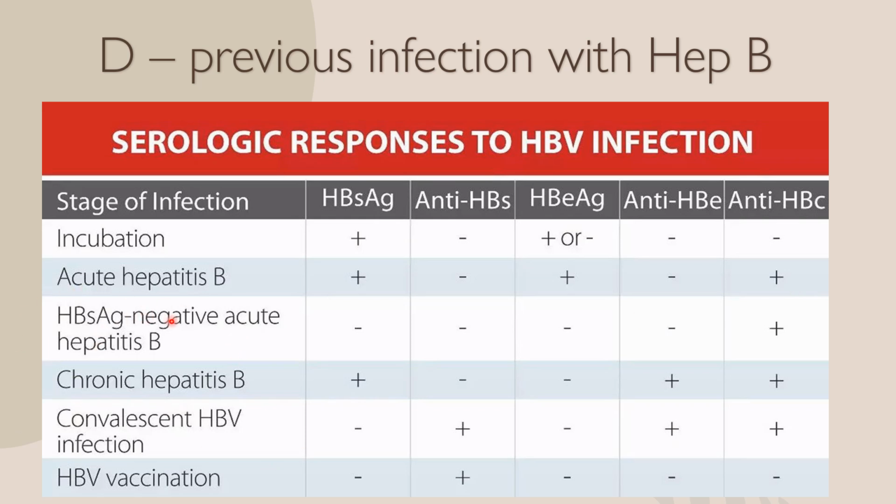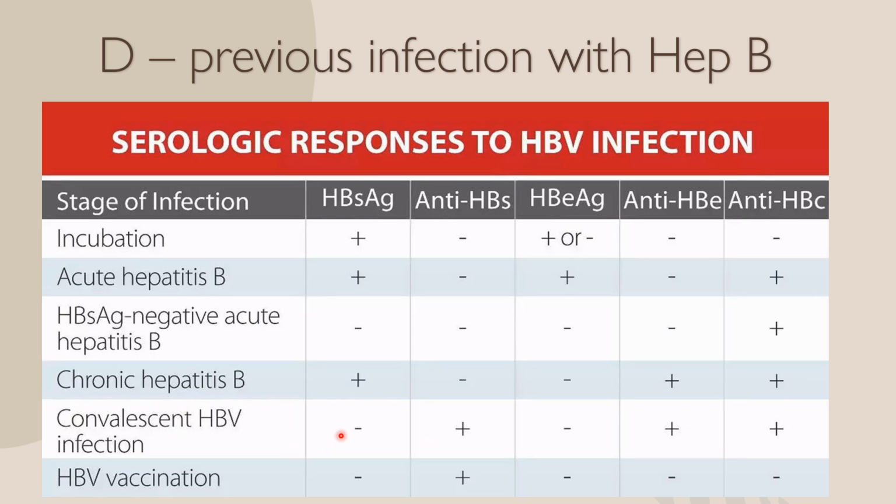Then there is surface antigen negative acute hepatitis B. Surface antigen can be negative in some acute infection, where the core antibody is positive. So core always comes with infection, not with vaccine. So it has to be hepatitis B surface antigen negative acute hepatitis B. What happens with chronic hepatitis B? There is surface antigen, there is E antibody, and core antibody. Okay.